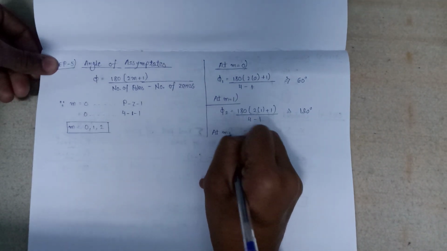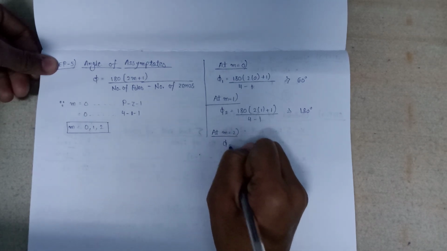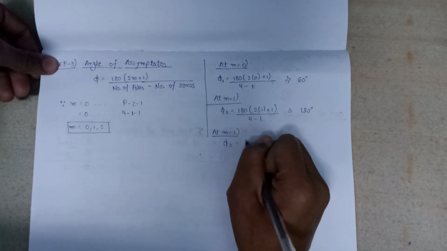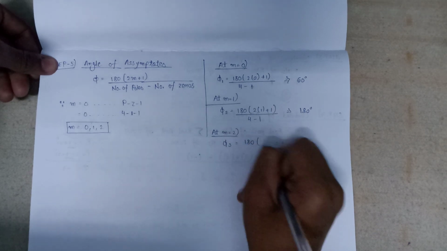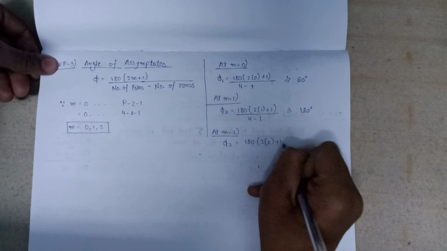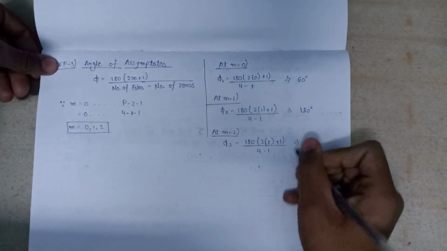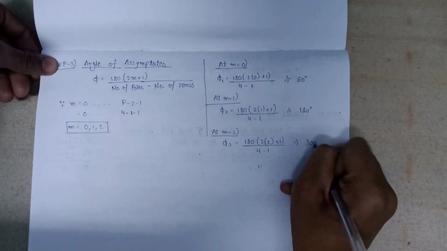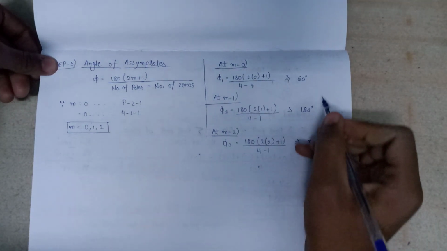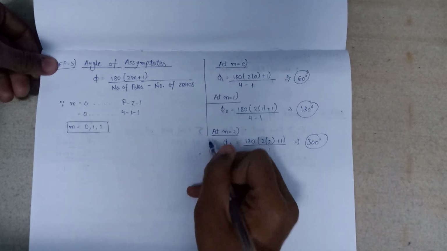At m equals 2, we get phi3 equals 180 times (2 times 2, the m value now, plus 1) divided by 4 minus 1, that is 300 degrees. So these are the three angles of asymptotes: 60 degrees, 180 degrees and 300 degrees.